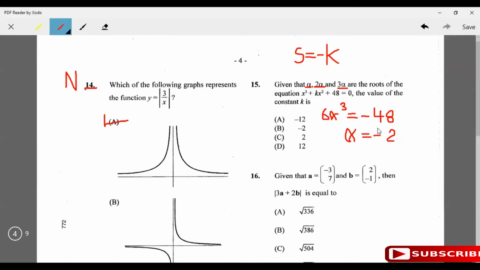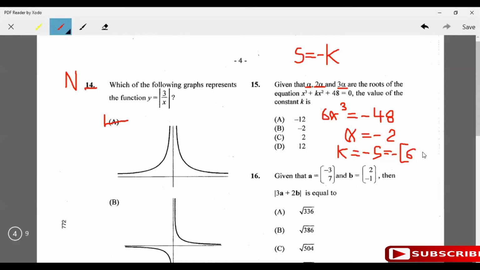If alpha is negative 2, k, remember, is the negative sum. And what is the sum? Alpha plus 2 alpha plus 3 alpha is 6 alpha.